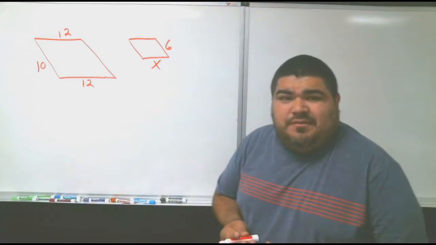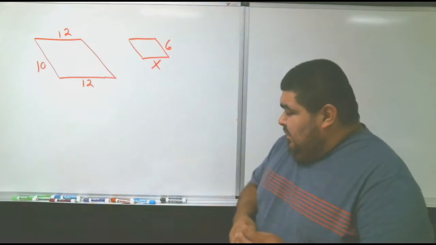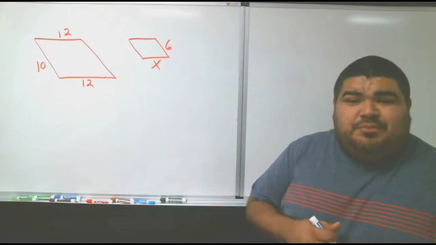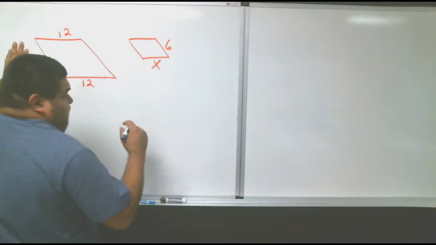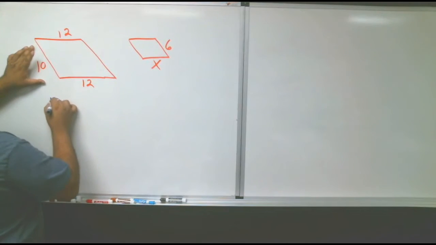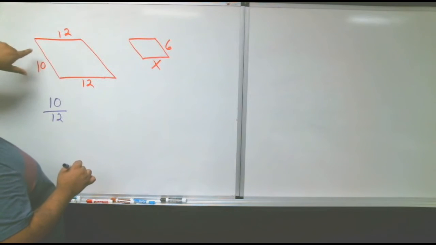So what are we solving for? The variable, right? X. So again, remember, whatever shape we use, I'm going to go with the big one first. We have 10 over 12, side over base.